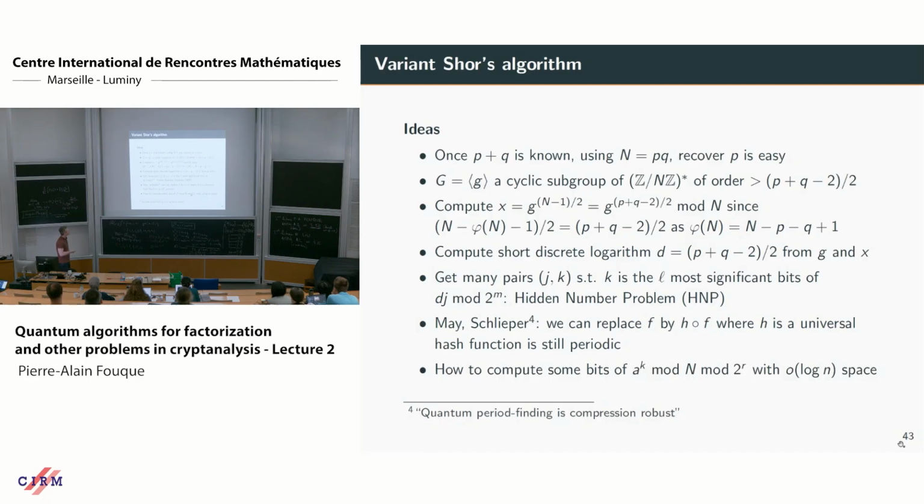We will not compute a to the k mod n. We will compute some exponentiation modulo, and we compute the least significant bits of this value. This is exactly where Gidney computes the most significant bits of this value, and he can do this using cheaper arithmetic, so he can save something on the order of this value.